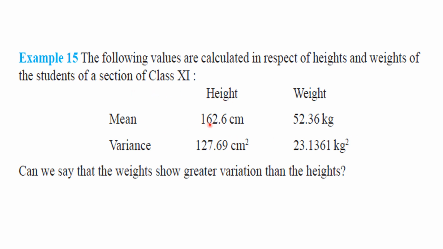Mean height 162.6 centimeters and weight 52.36 kgs, and variance for height is 127.69 centimeters square, and for weight variance is 23.1361 kg square. Okay, my children. Can we say that the weights show greater variation than the heights? Understood this question, my children? Right.